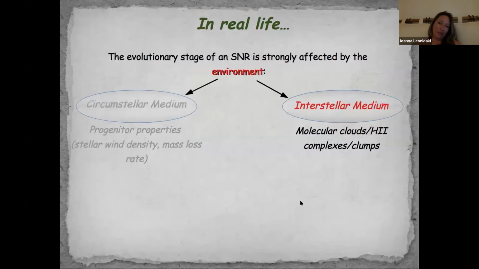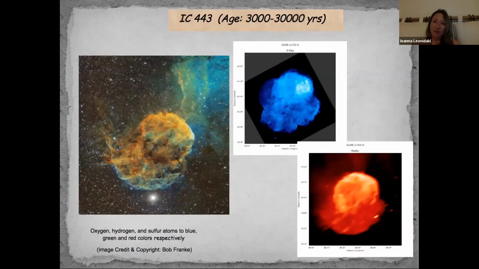And what about the interstellar medium? When we say that the environment is crucial, as an interstellar medium, we're talking about interaction of the SNR with either molecular clouds, H2 complexes, clumps, or even planetary nebulae. A very good example for this case is IC443, where you can see the optical, radio and X-ray emission.